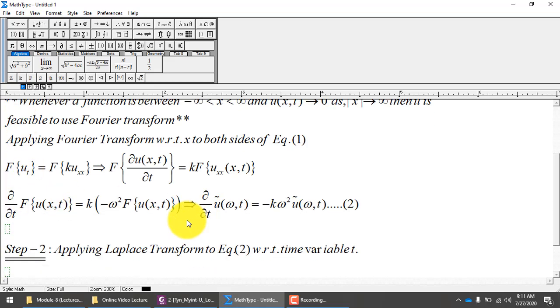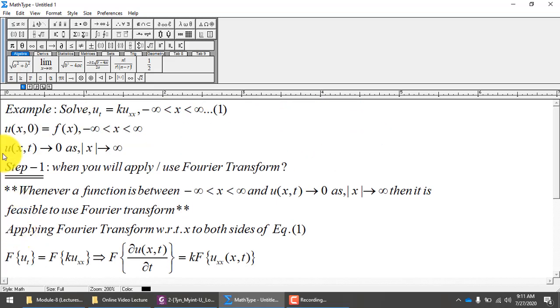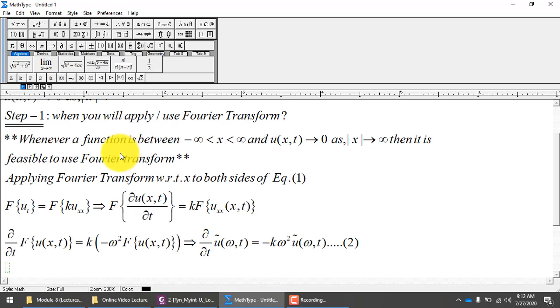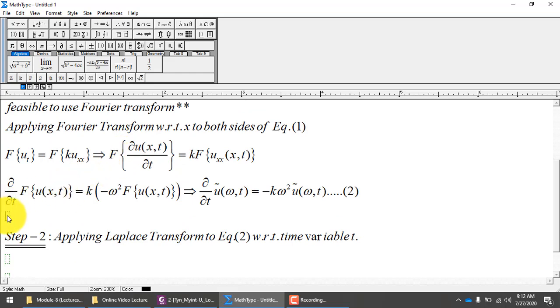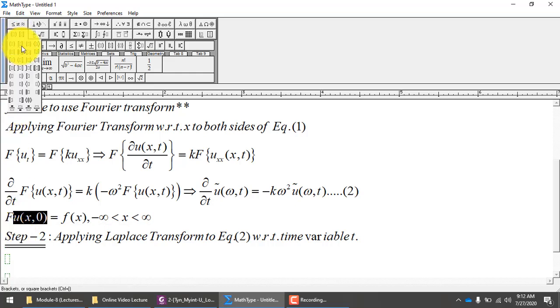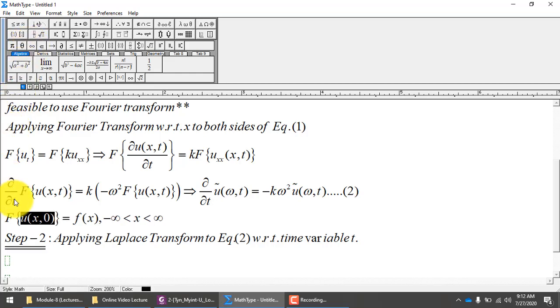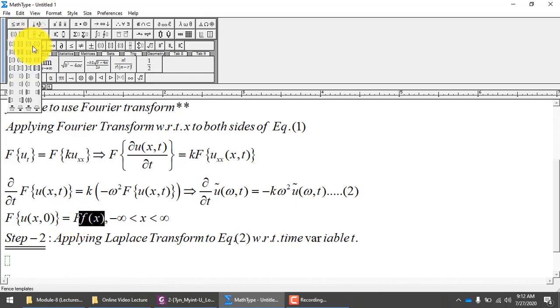Actually, the condition will remain similar, but what will happen if you apply the Fourier transform to both sides?